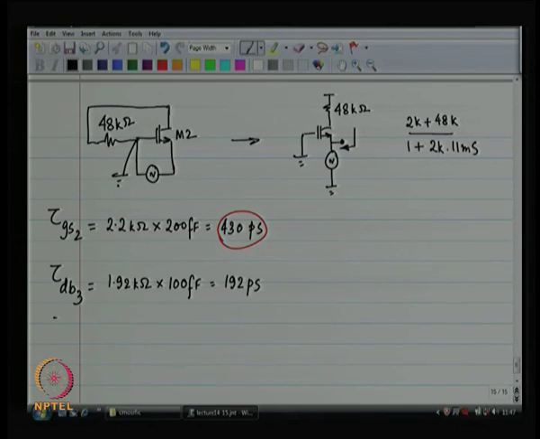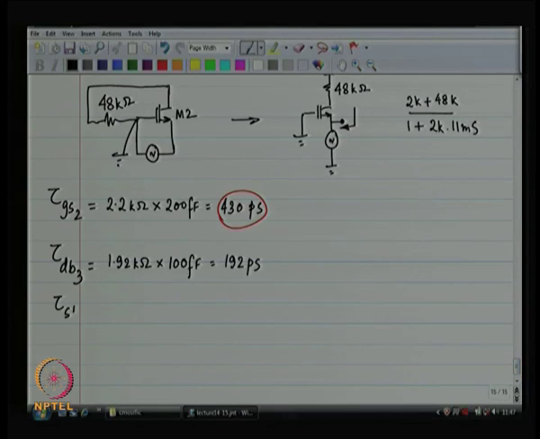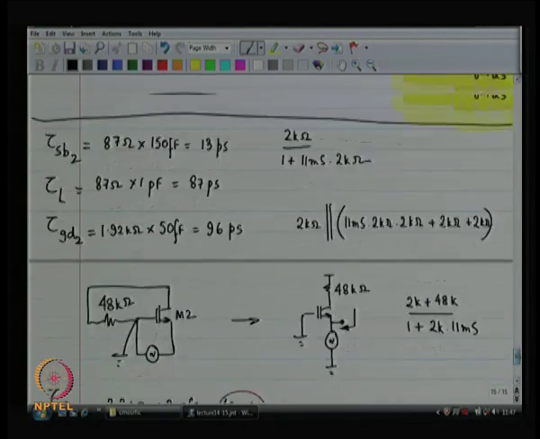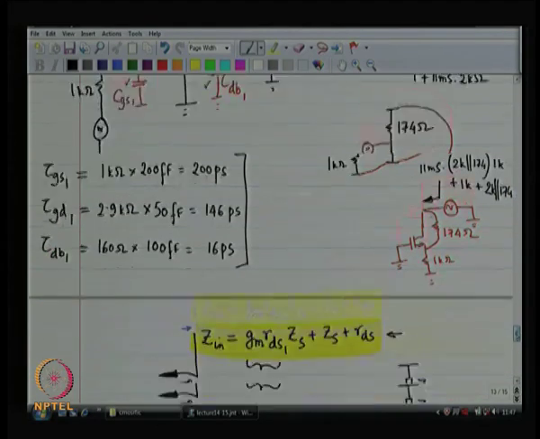Right, and then I have source to body 3. Source to body of device number 3 is exactly the same as drain to body of device number 1, which saw 160 ohms.